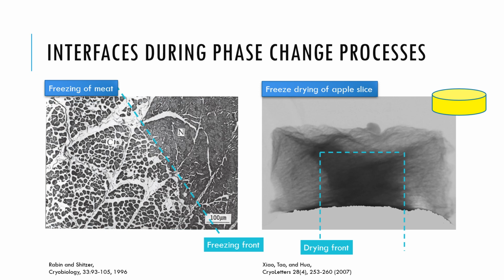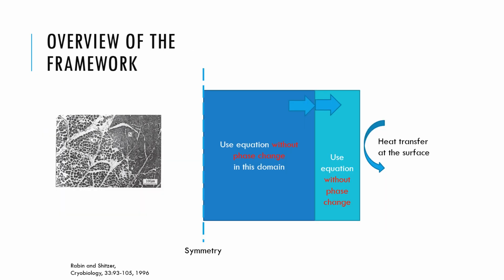So again, so much heat needs to be removed at this interface that we have to make special consideration, or special treatment, for the interface. Here we want to have an overview of this framework of sharp interface formulation for phase change.